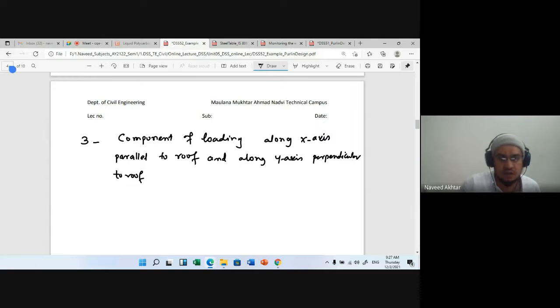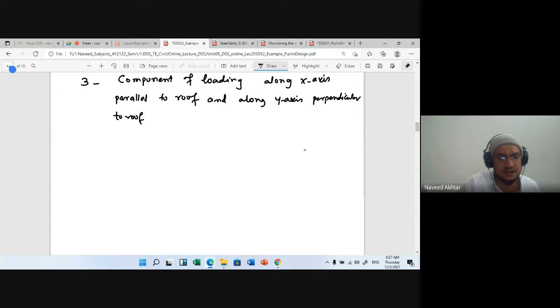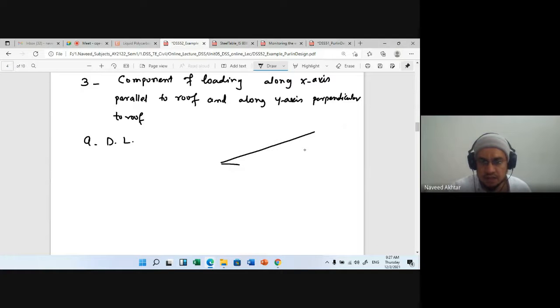Okay. So first our load is dead load, along the y direction this is cos theta. You can see here this is your purlin, and this is the loading.